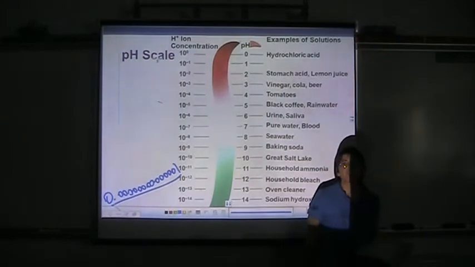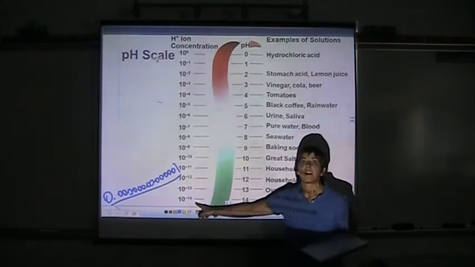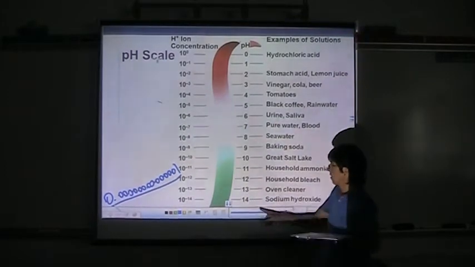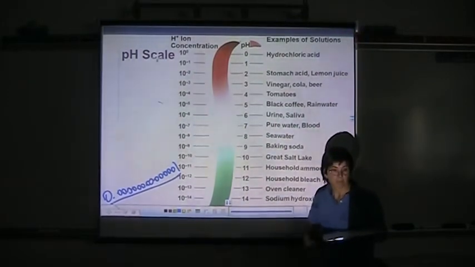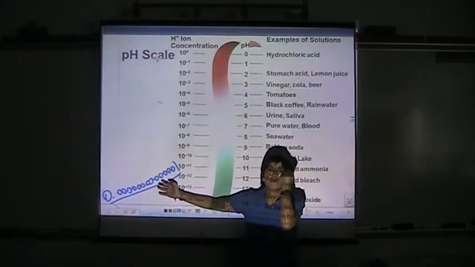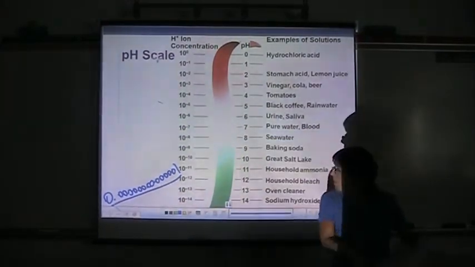That's the concentration of hydrogen ions here. And what is the pH of a solution with that? Obviously 14, which is very basic because it has so few hydrogen ions.